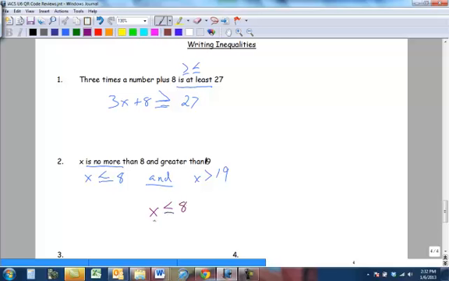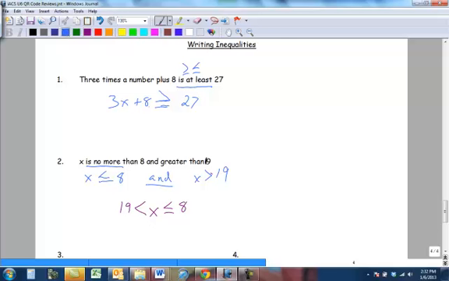But then we have to put something on this side too. It says x is greater than 19. So read this backwards and you can see that x is greater than 19. All right, so make 2 different statements with an and between them and put them together.